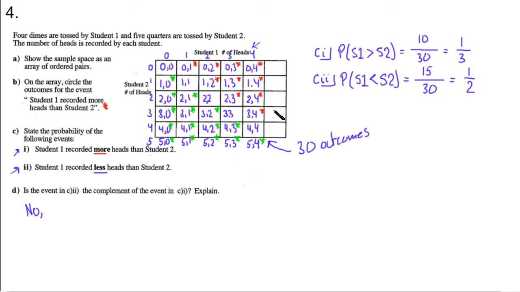If we take a look at our outcome grid here, we can see that there are these entries that are right in between the red starred entries and the green starred entries, and these are the entries where students have the same number of heads. So the complement of these outcomes that are green is not going to be just the outcomes that are red, because we're missing these outcomes in the middle along the diagonal that represent the students getting the same number of heads.